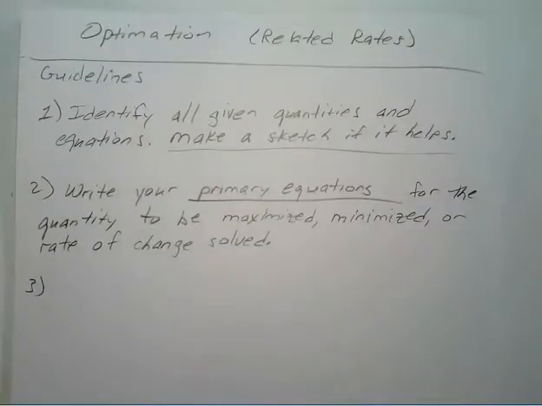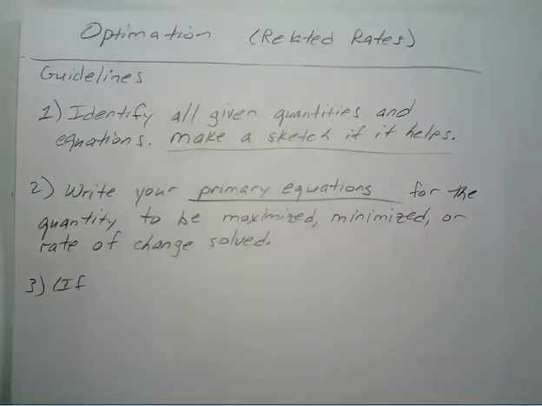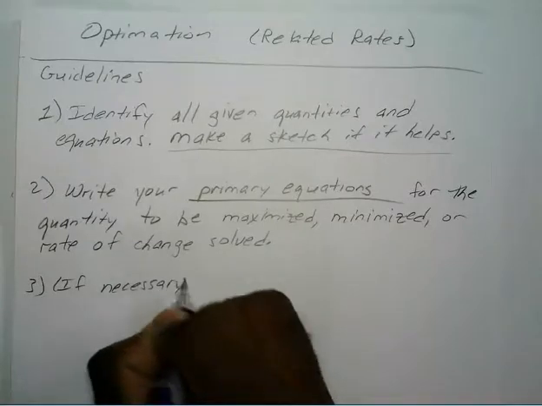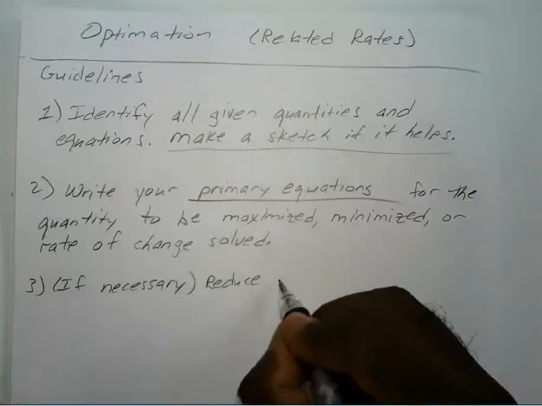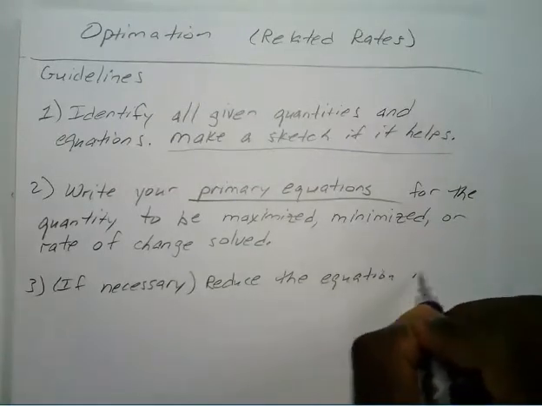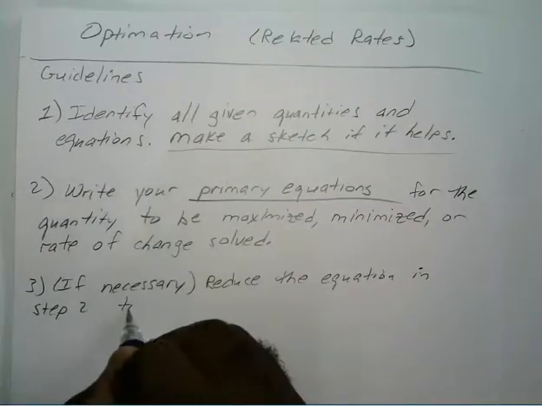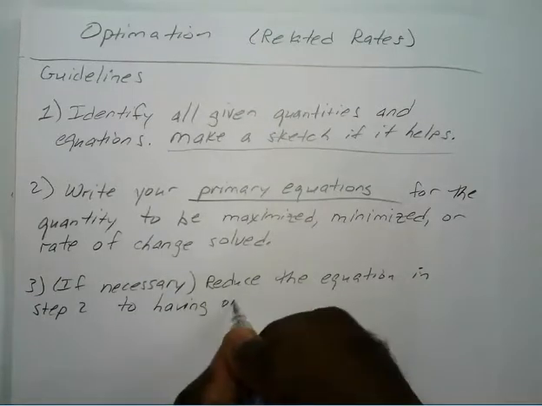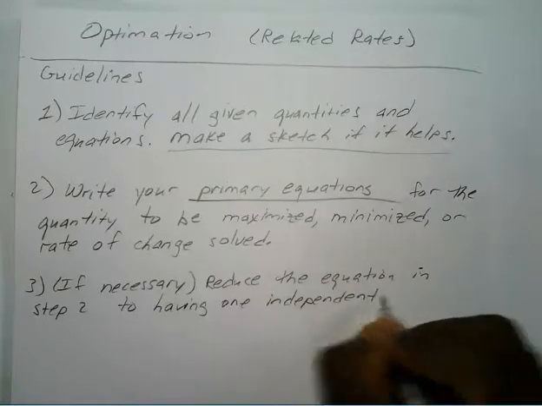Now step three, and this is only if necessary. A lot of times you don't have to do this, but sometimes you do. If necessary, reduce the equation in step two to having one independent variable.